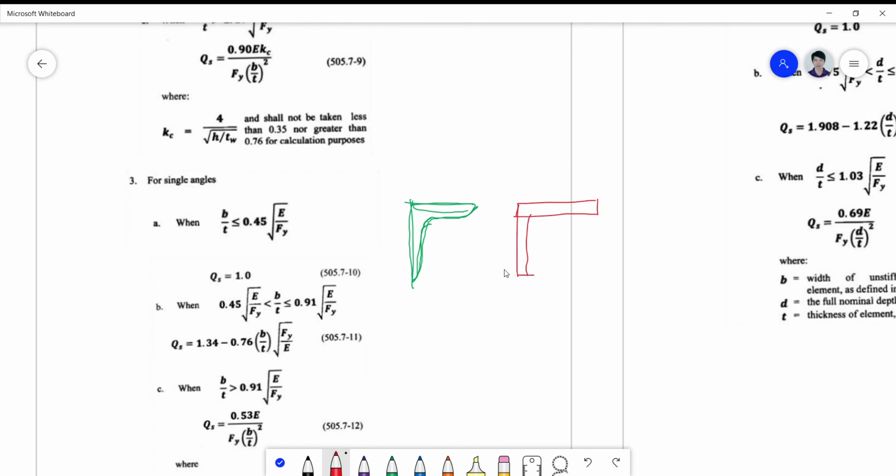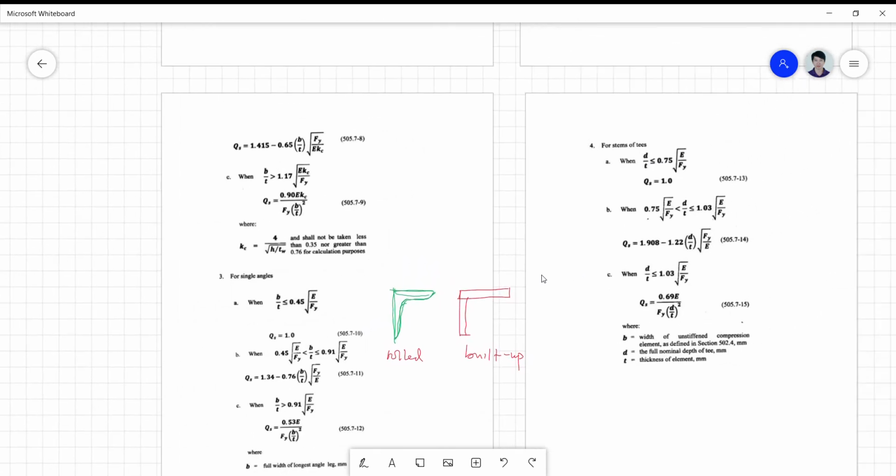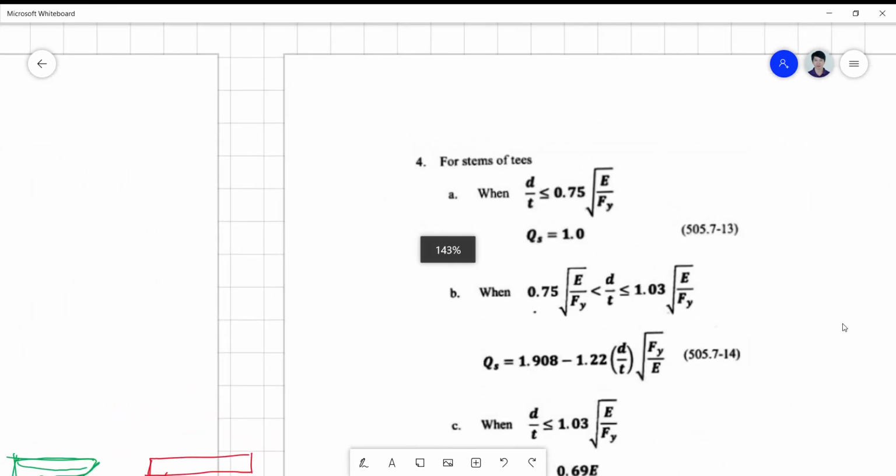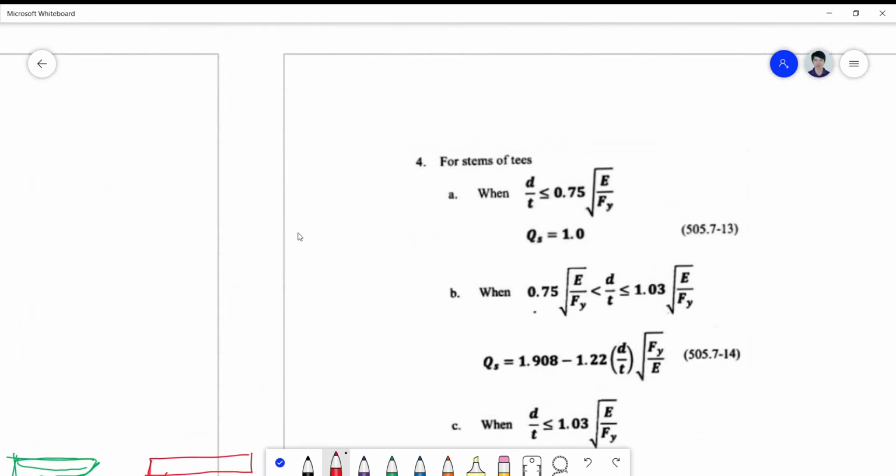So whether it is rolled or built up, you can use this as a single angle. Okay, for stems of T's, we are referring again to any shape of T, so the stem is this one. This is the stem of T.